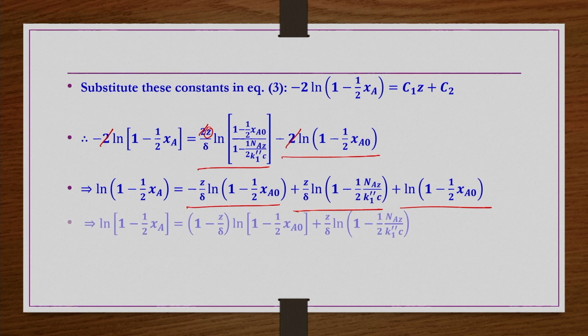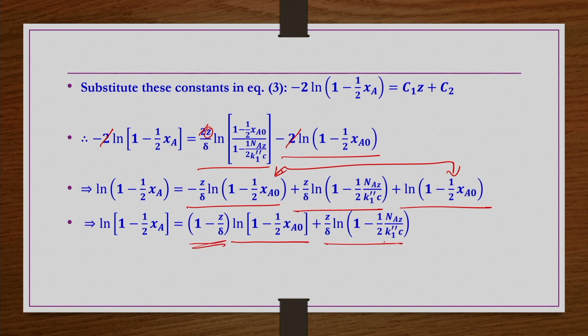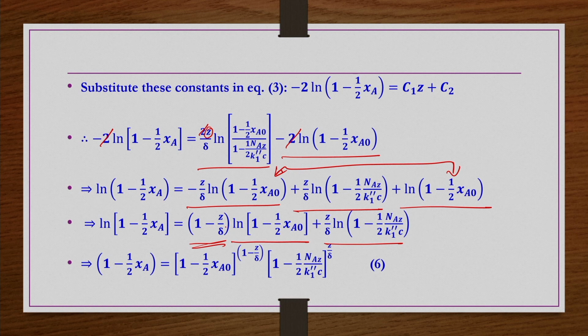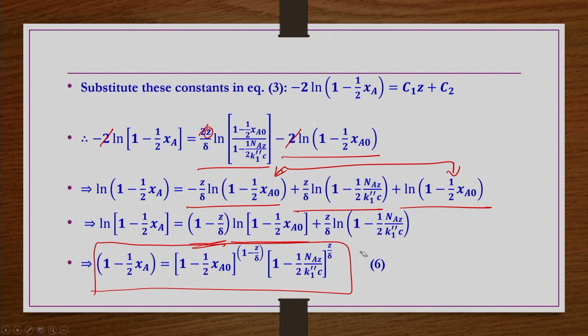Now, these two terms are similar. So, ln 1 minus 1 by 2 Xa naught if you take common, you get 1 minus Z by delta as a multiplication factor, the other term remains the same. Now all the terms have ln, so these multiplication factors you can take as power terms, and then you get the concentration profile expression, this one.